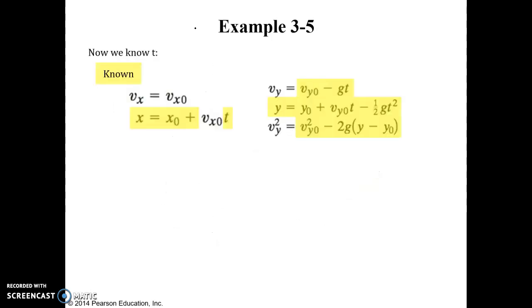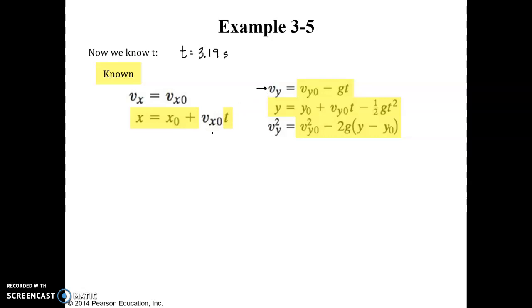So we have found t. We know t now is 3.19 seconds. So I can highlight t, the t there, the t there. So that is now included in what we know. We could find the final y velocity if we wanted to, although we weren't asked to.